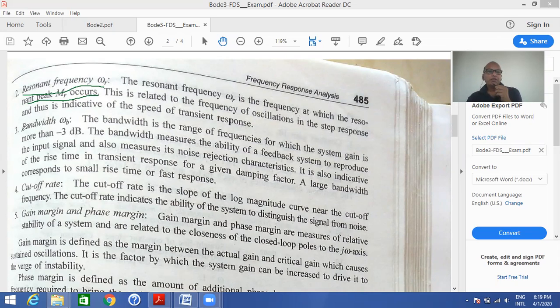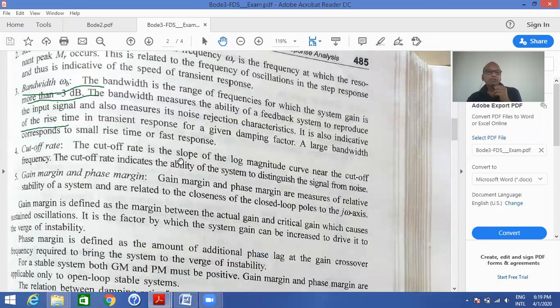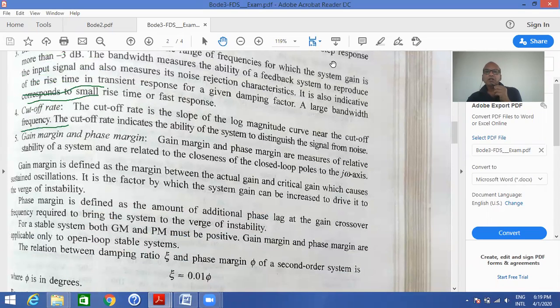You know the bandwidth. Bandwidth means the range of frequency over which the magnitude is greater than or equal to 0.707. The next is the cutoff rate. The cutoff rate is the slope of the log magnitude curve near the cutoff frequency. Cutoff rate indicates the ability of the system to distinguish the signal from the noise.